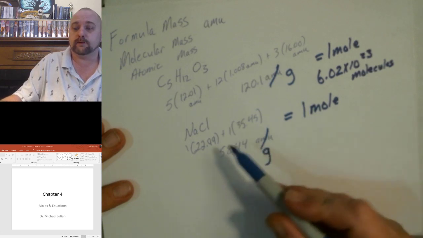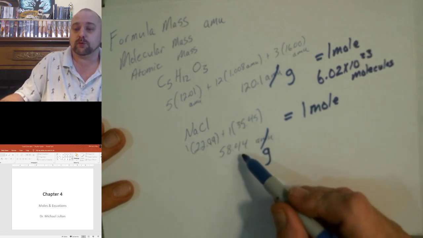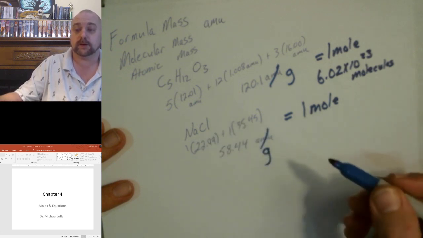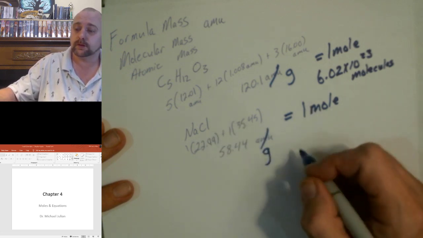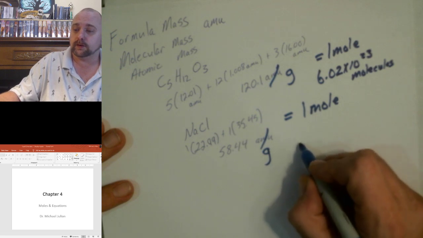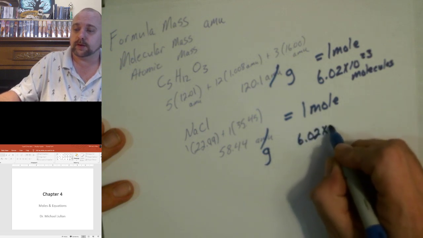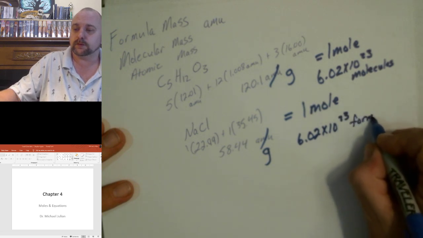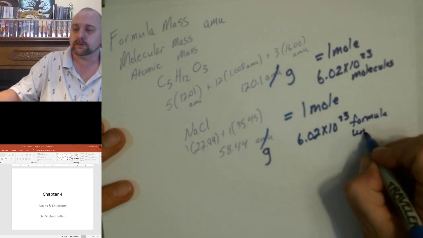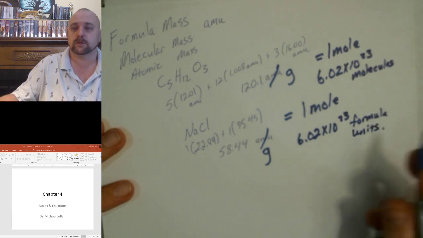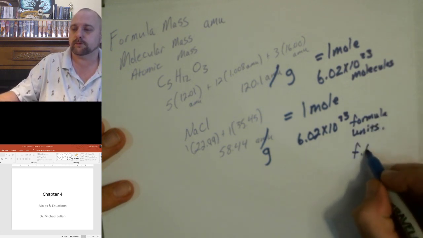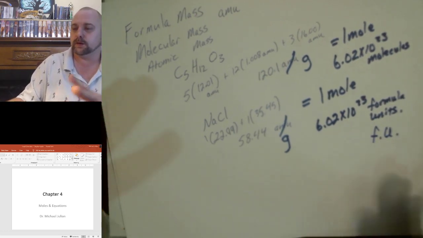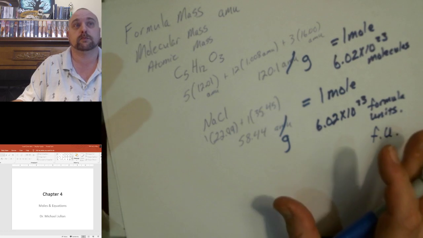And if I have 58.44 grams of NaCl, since it's ionic, I'm going to say formula units instead of molecules. And so I would have 6.02 times 10 to the 23rd formula units. Ooh, that's long. Let's get an abbreviation: FU.